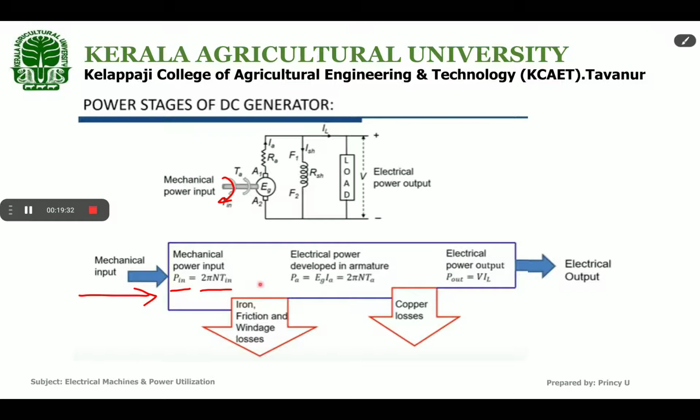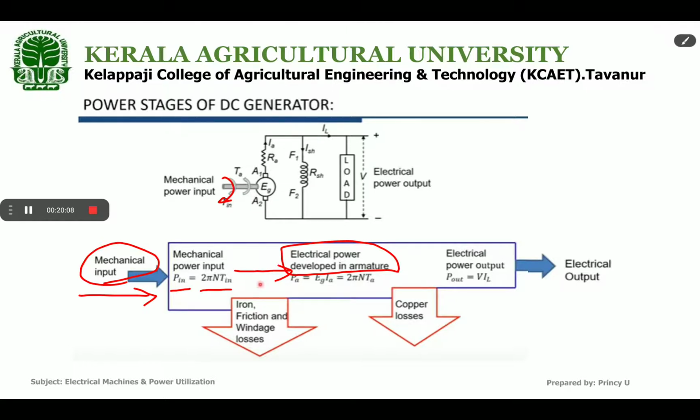By producing this counter torque, the work done to overcome this counter torque, the prime mover converts the mechanical energy into electrical energy. So electrical power is developed in the armature. But this electrical power developed in the armature is not equal to our mechanical input. Some power will be wasted as heat during this operation.